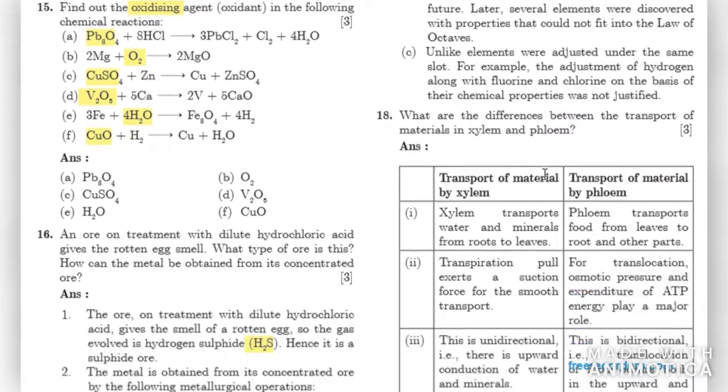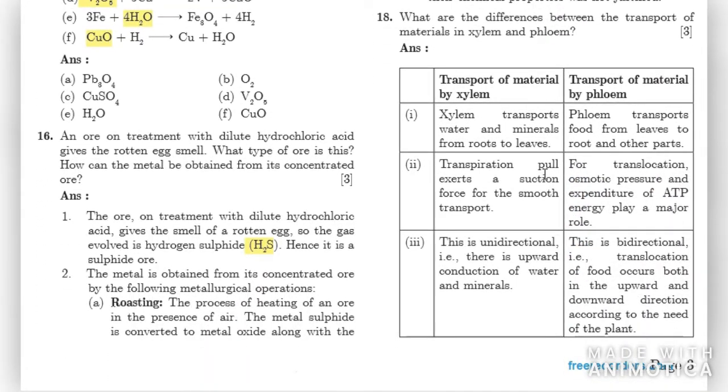Now moving on to question number 18, we need to differentiate between the transport of materials in xylem and phloem. Xylem transports water and minerals, whereas phloem transports food from leaves to the roots and other parts. In xylem, we have transpiration pull because it deals with water. In phloem, we have translocation, with osmotic pressure and expenditure of ATP energy playing a major role.